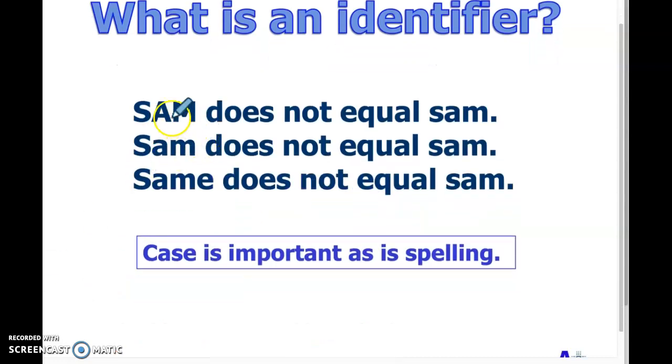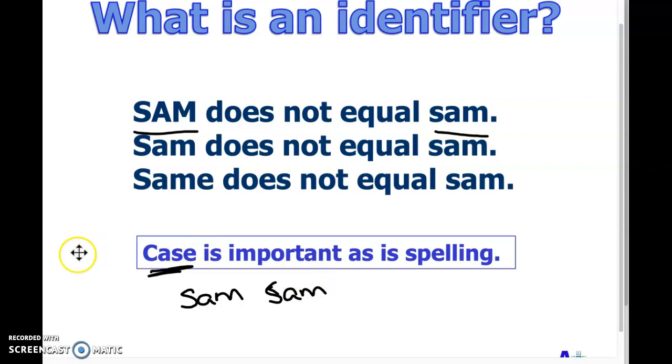It's important to know this: Java is another strongly typed language. Case is important. All uppercase Sam does not equal all lowercase Sam. They have to be exactly the same. Sam and Sam are the same. All of the cases have to be the same.